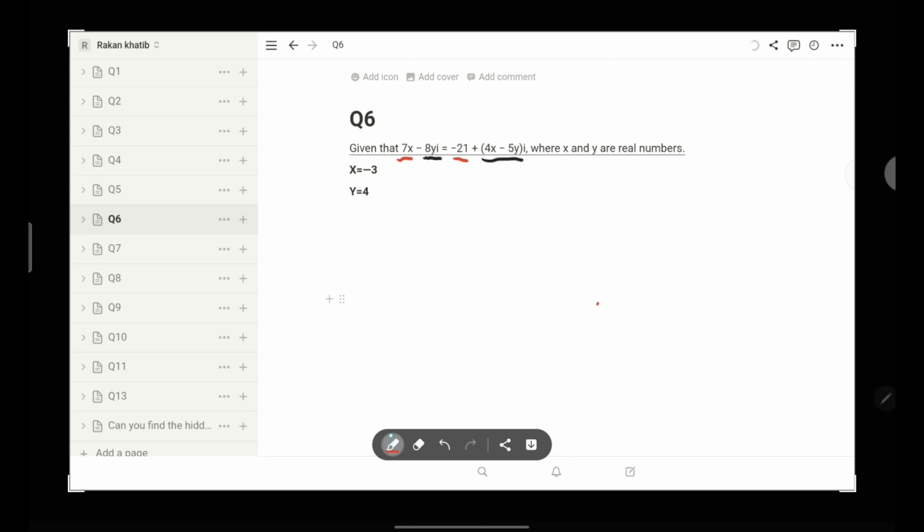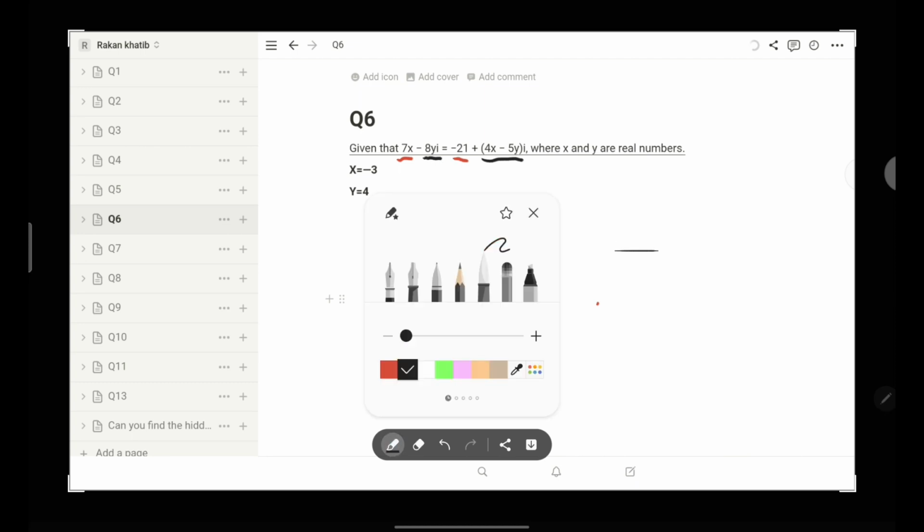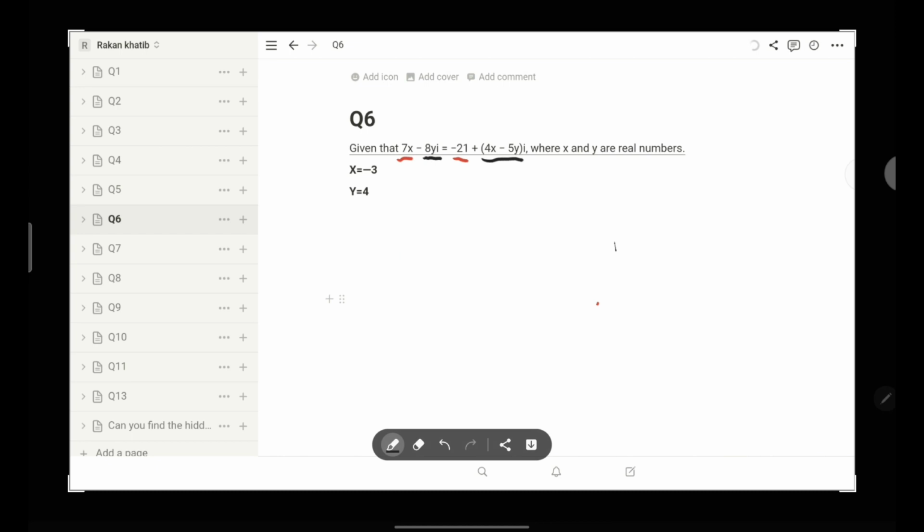Let's start with non-imaginary. We have 7x is equal to negative 21. So x equals negative 3. That's it, simple, and we'll just keep that to the side.